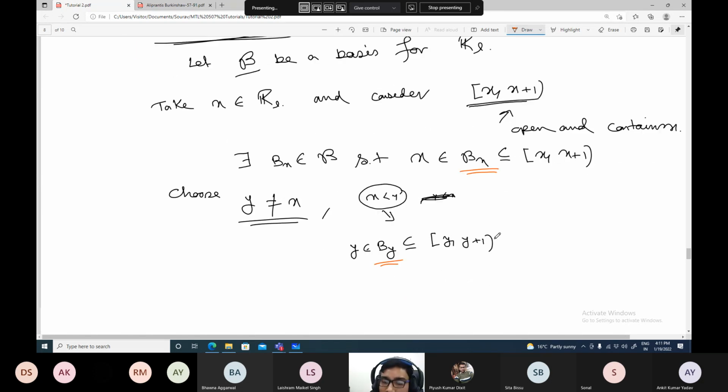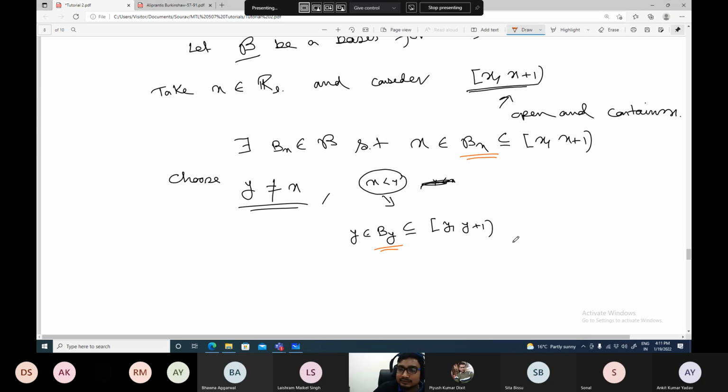So what can we say about the relation between B_x and B_y? These two are not the same, right? B_x is not equal to B_y. Can you see that? Yes, because x does not belong to B_y. X is less than y and B_y is a subset of [y, y+1).